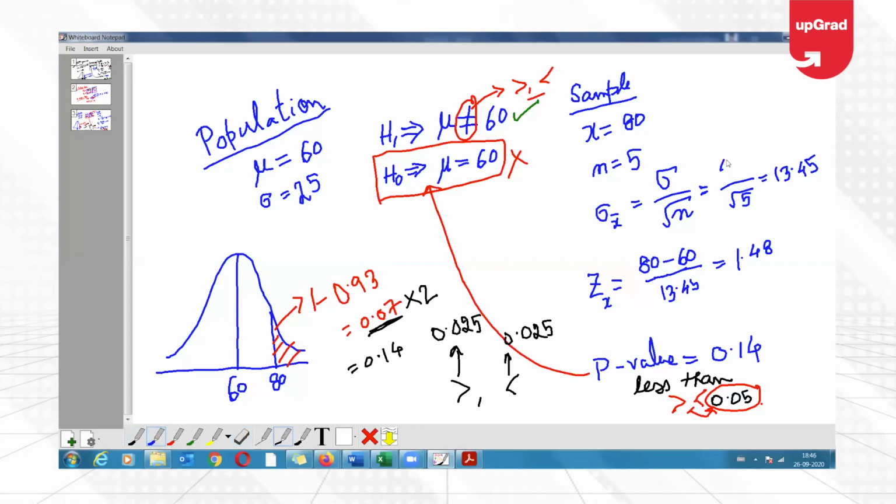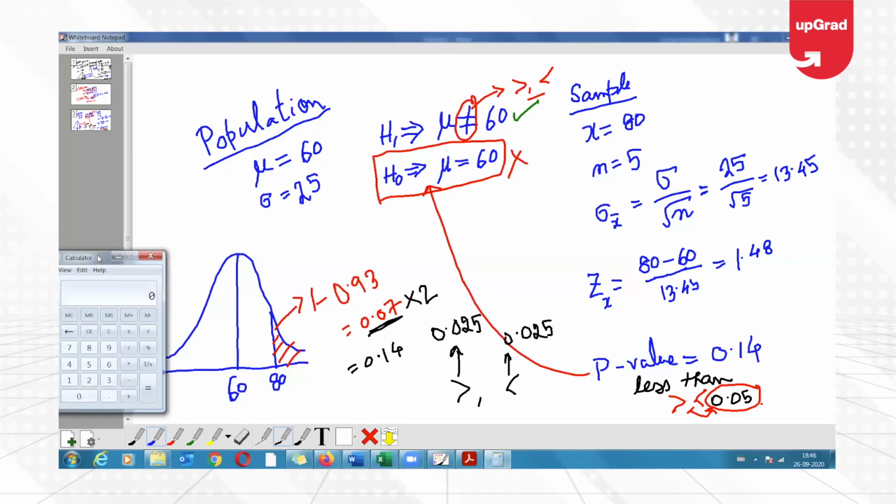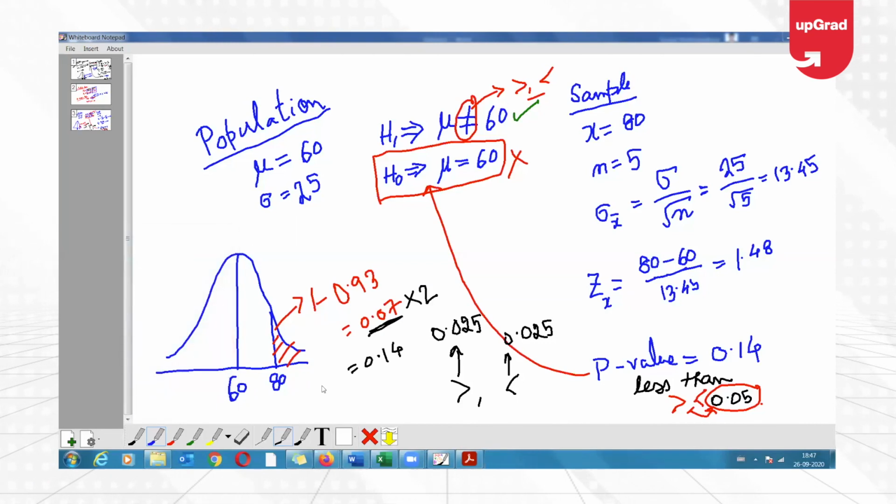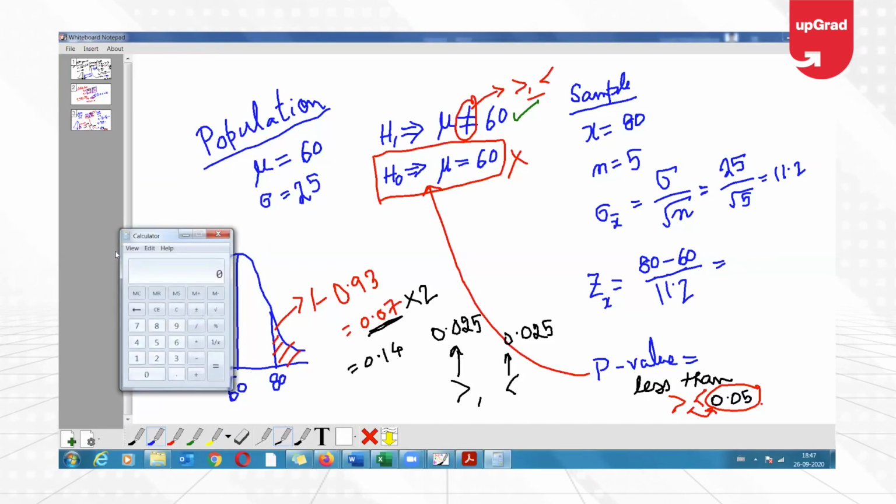So if this is 25, then 25 divided by 2.23 is 11.2. Twenty divided by 11.2 is 1.78.